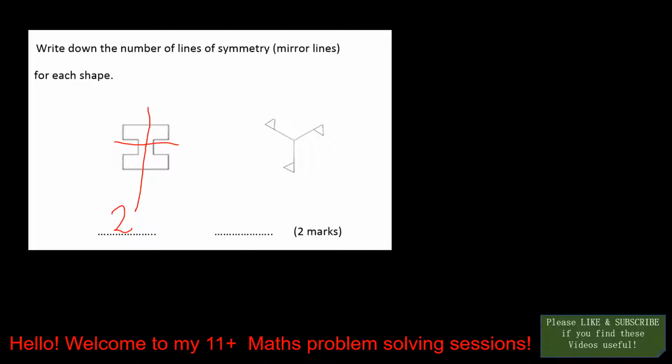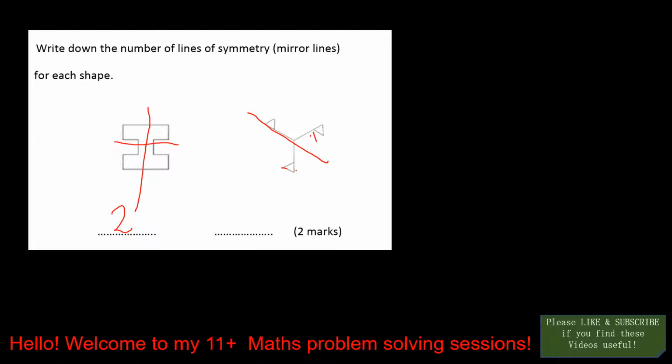The next shape, I was thinking there could be a line of symmetry, but there is no line of symmetry, because if I draw a line this way, this line doesn't really cut the shape into 2 equal halves.